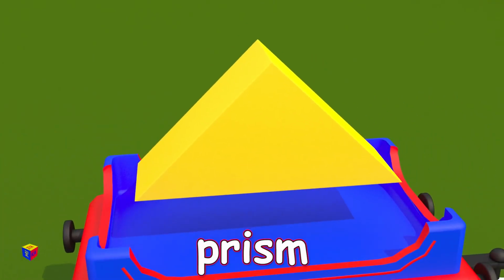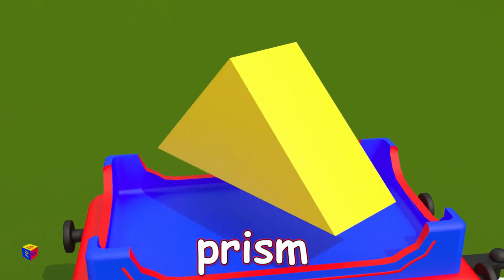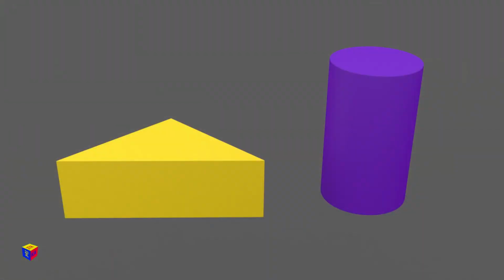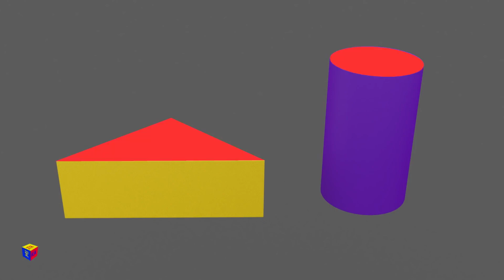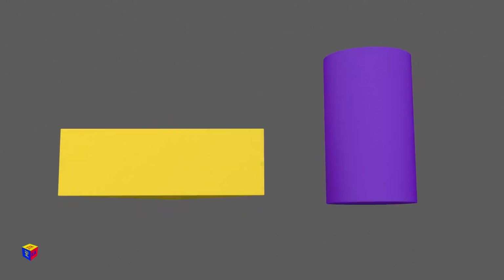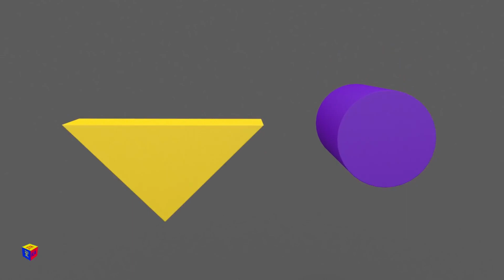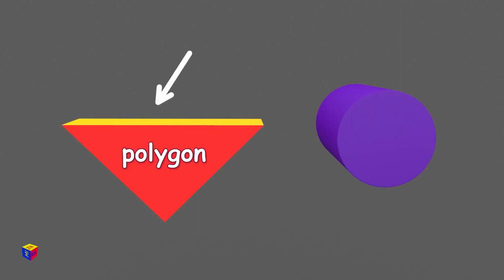And here's another prism. Just like a cylinder, a prism has two bases. But please note that a cylinder's bases are circles, while the prism's bases are polygons.